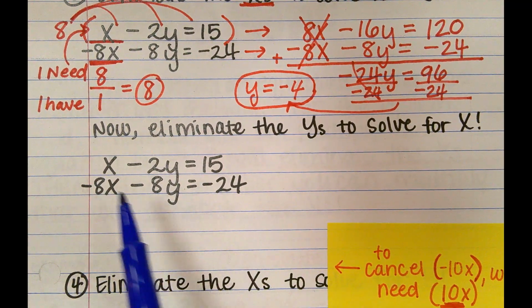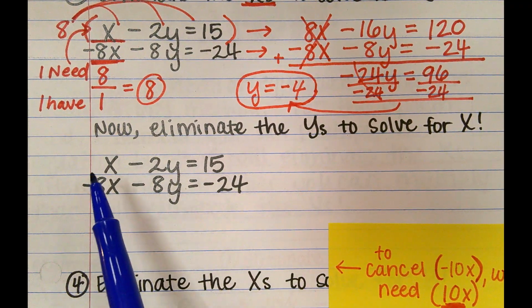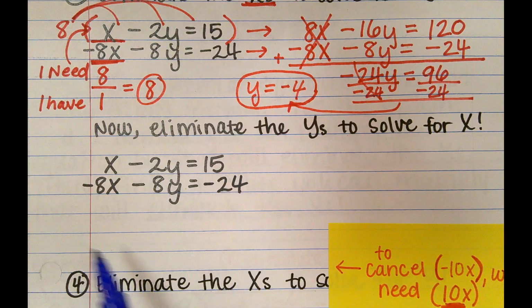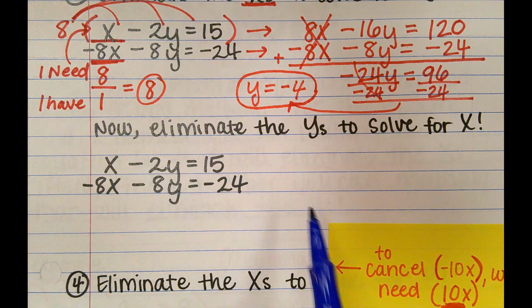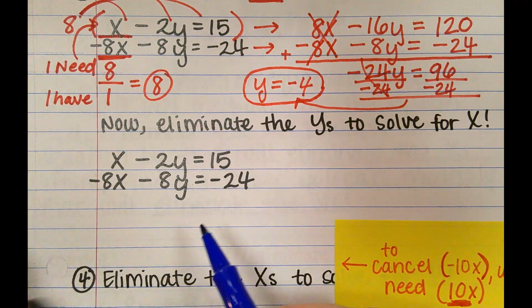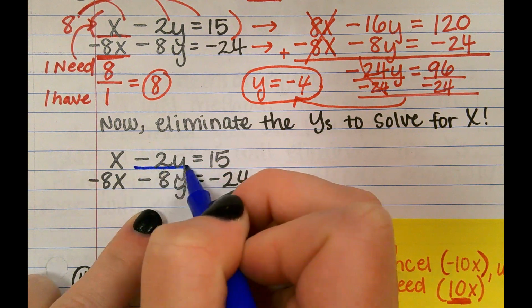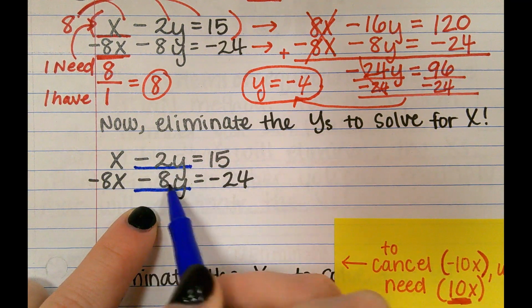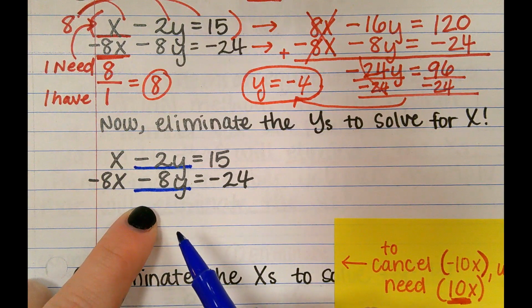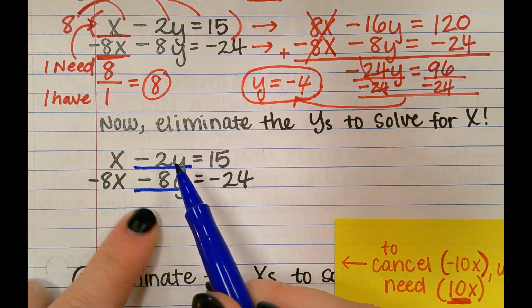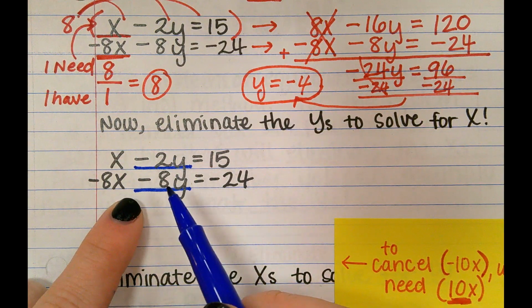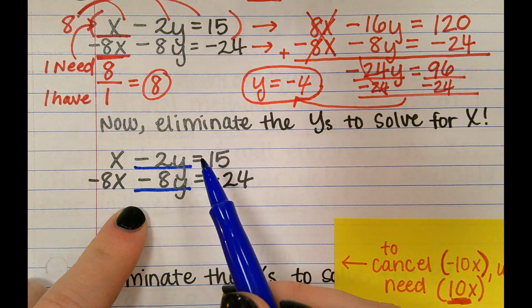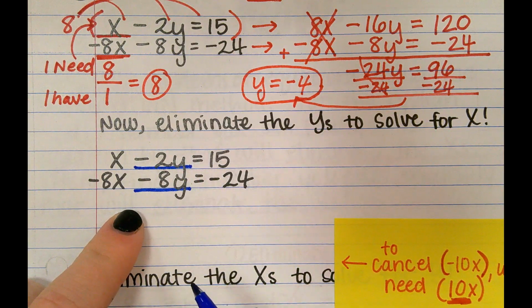So let's look at the y's now. We have x minus 2y equals 15 and negative 8x minus 8y equals negative 24. So let's underline our y's: negative 2y and negative 8y. Which number needs to change, the negative 2 or the negative 8? The negative 2.